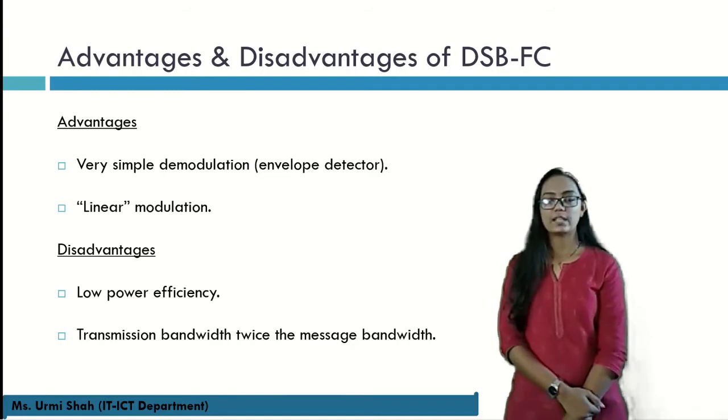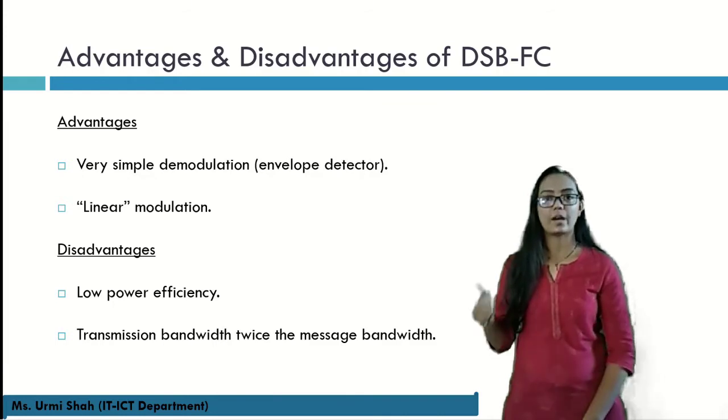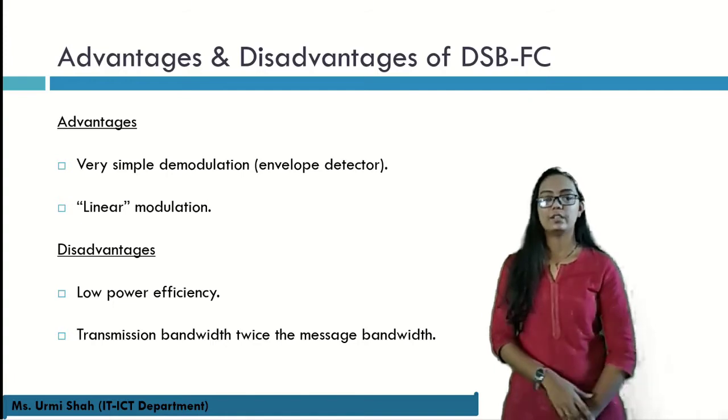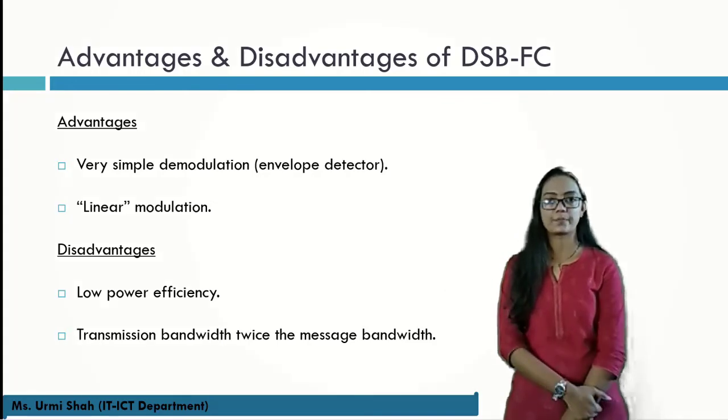The disadvantage of DSB-FC signal is that it has low power efficiency and the transmission bandwidth is quite high in terms of the message signal bandwidth. So power and bandwidth are the factors which cause drawbacks for DSB-FC signal. So this is all about DSB-FC signal and its pros and cons which we have discussed here.